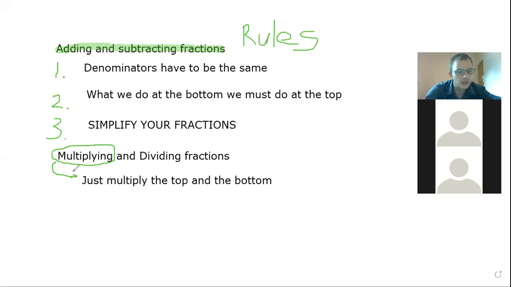What is that big word we use when we are dividing fractions? Who remembers? What are the rules for dividing fractions?